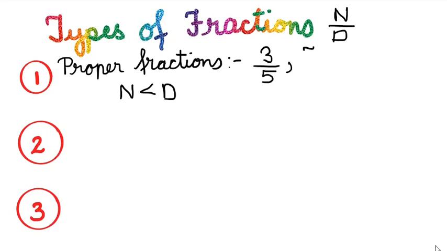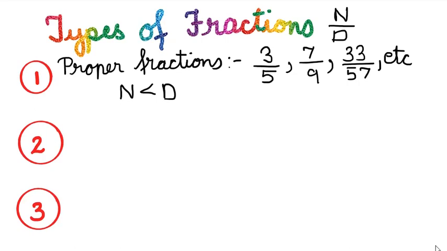Okay. Or you can say 33 upon 57. These are some examples of proper fraction. Just keep in mind that the numerators are smaller number than denominators. Such fractions are called proper fraction.